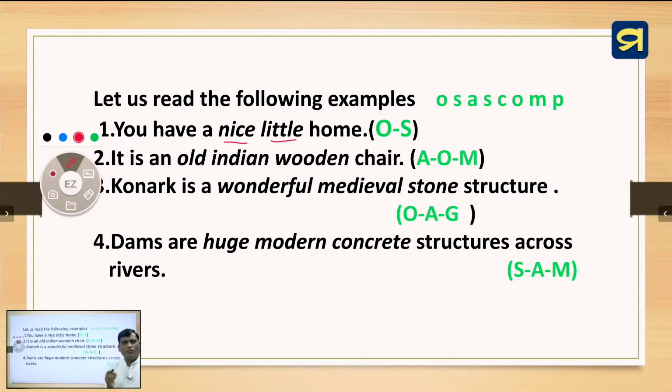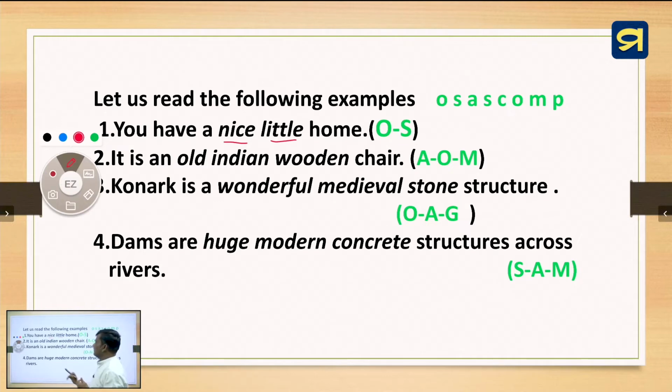It is opinion. O is written here. Little, it is size. Little, large, small, big, like this. When we follow the order OSA, first opinion, then size. So opinion comes before size. Nice little home. It is the accurate order.